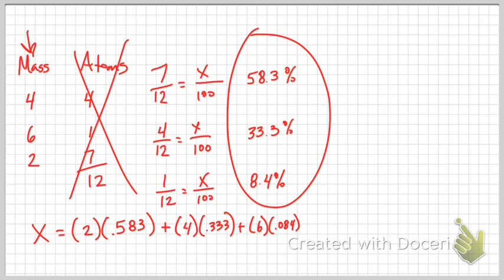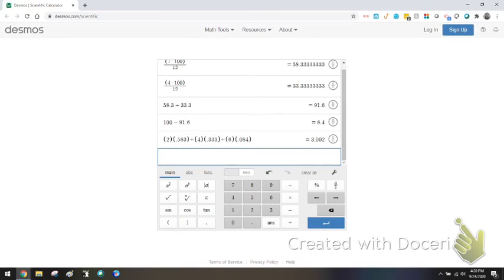My answer has to be between 2 and 6, but because 2 is the most abundant isotope, I get an answer closer to 2. Because isotope 4 is quite abundant and isotope 6 is heavier, an average mass of 3.002 makes sense.